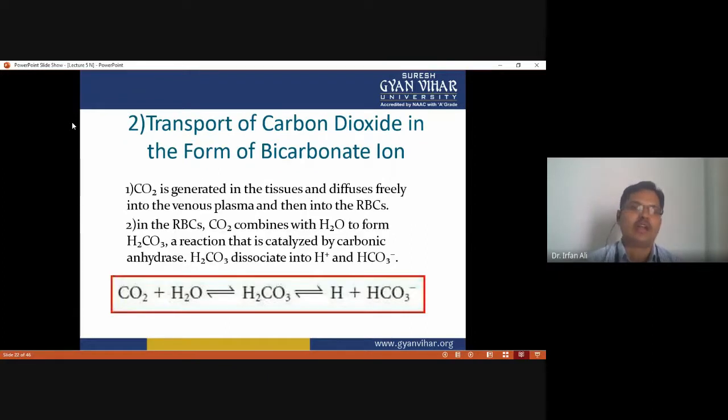And now the transport of carbon dioxide in the form of bicarbonate ion. This equation shows how carbon dioxide is converted into carbonic acid. And as you know, carbonic acid is a weak acid which dissociates into hydrogen ion and bicarbonate ion. As carbon dioxide is generated in the tissue, it diffuses freely into the venous plasma and then into the RBC.